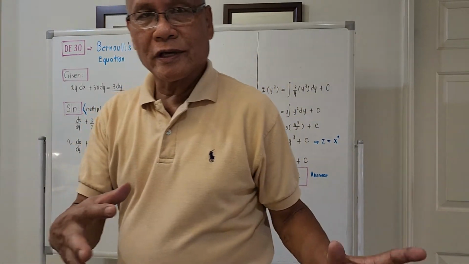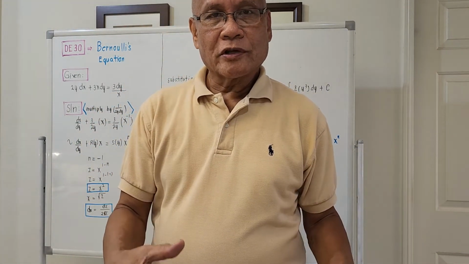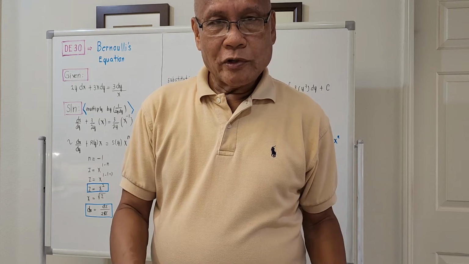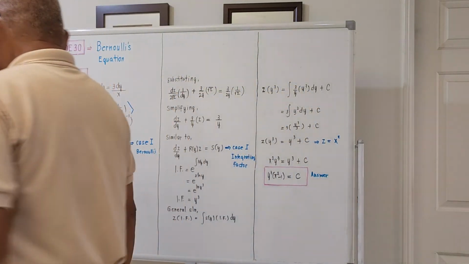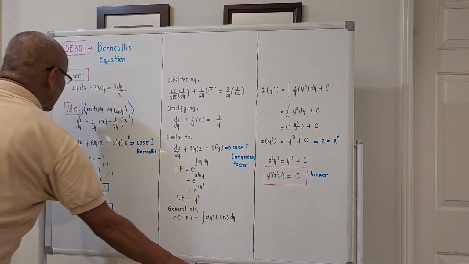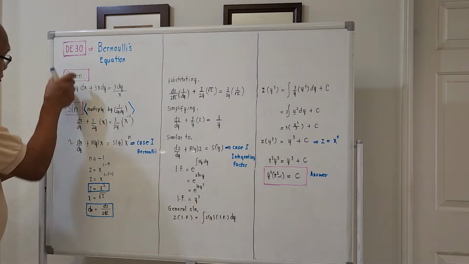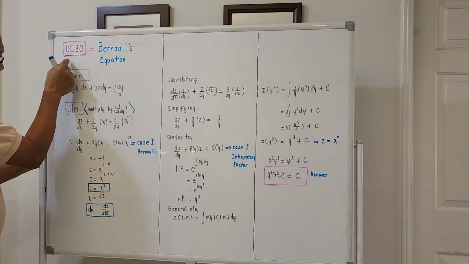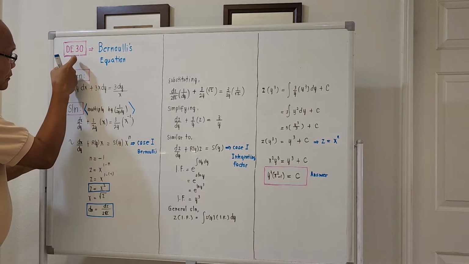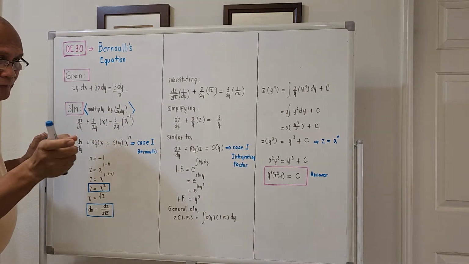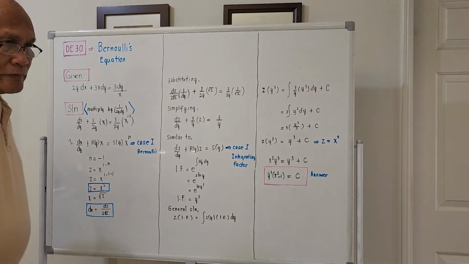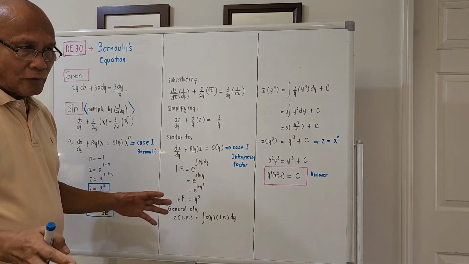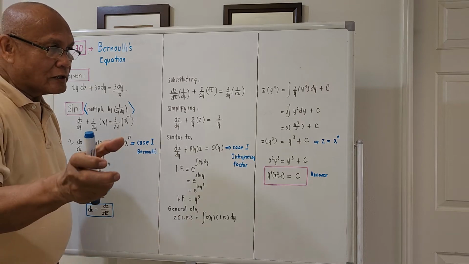Okay, let's proceed, guys. The topic is Bernoulli's equation, differential equation that could be solved by using the Bernoulli's equation. My topic is with numbering DE30, meaning differential equation topic, lesson number 30, and the topic is Bernoulli's equation. I think this will now be example number 4 under Bernoulli's equation.